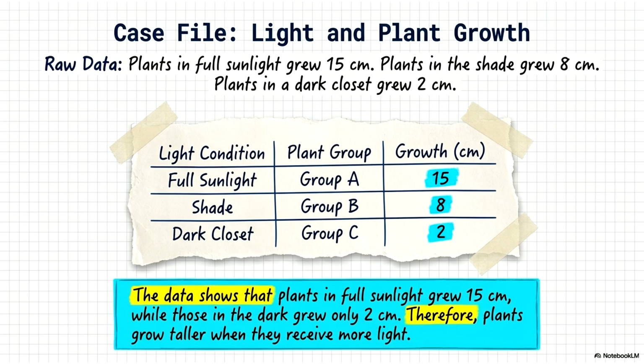And the plant in the dark closet grew only 2 centimeters. What can we learn from this data? The data shows that plants in full sunlight grew the most. Therefore, plants grow taller when they receive more light. This conclusion is based on the information collected during the experiment.